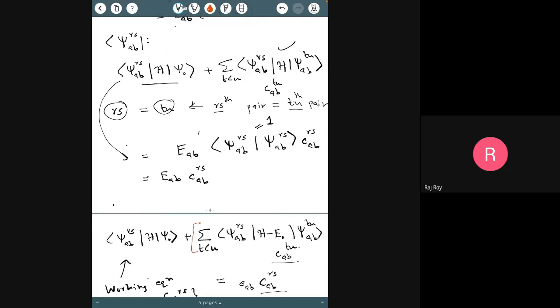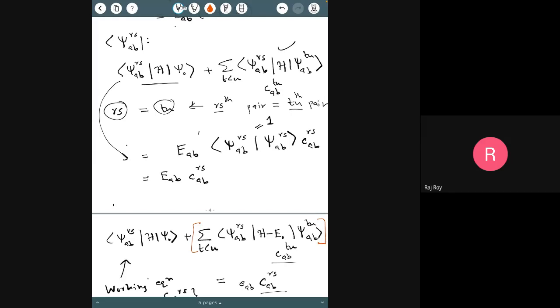Wait, not the coefficients. The coefficients are my unknowns. So this is a known quantity, and I define each element.